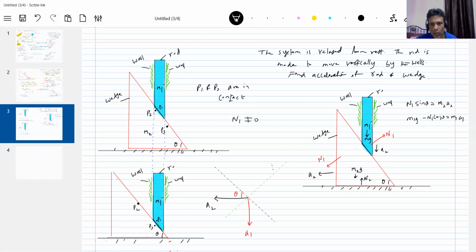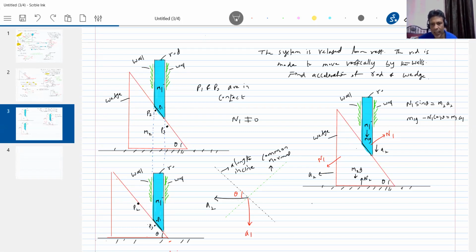This is along the incline. Now tell me what I should equate. The reason for that is N1 is not equal to 0, so here I'll write the condition as N1 not equal to 0.